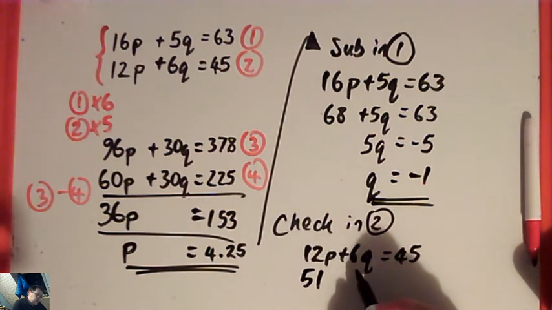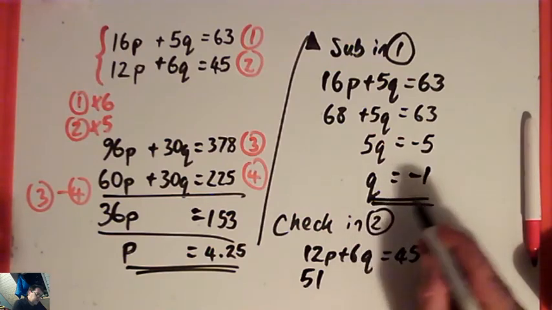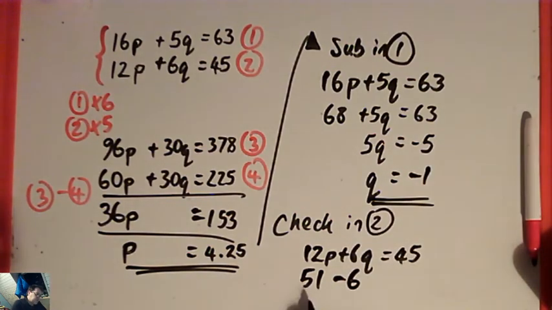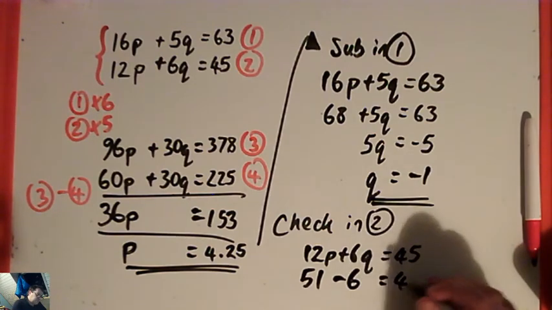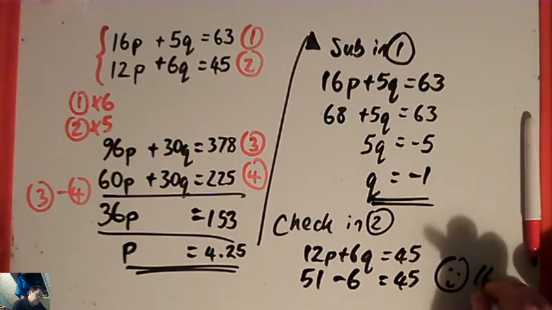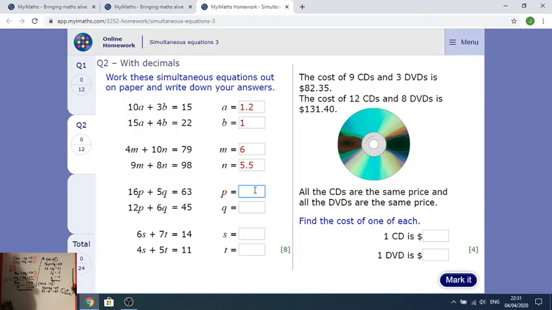And 6q becomes 6 times minus 1, so it becomes minus 6. 51 minus 6, well, that does equal 45, so that works. 4.25 and minus 1. Okay, next question.